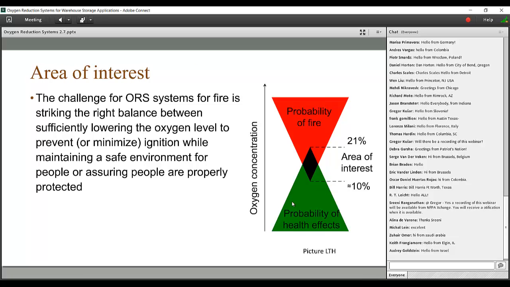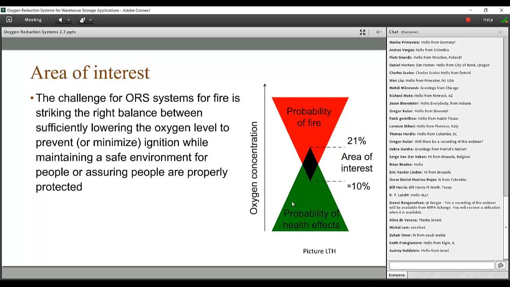So what we then, of course, get is that you need to challenge somehow these two probabilities, both of fire and health effects, to find the right balance between them. Partly trying to lower the oxygen to minimize ignition or even prevent ignition, but also having an environment which is okay for people to be in.